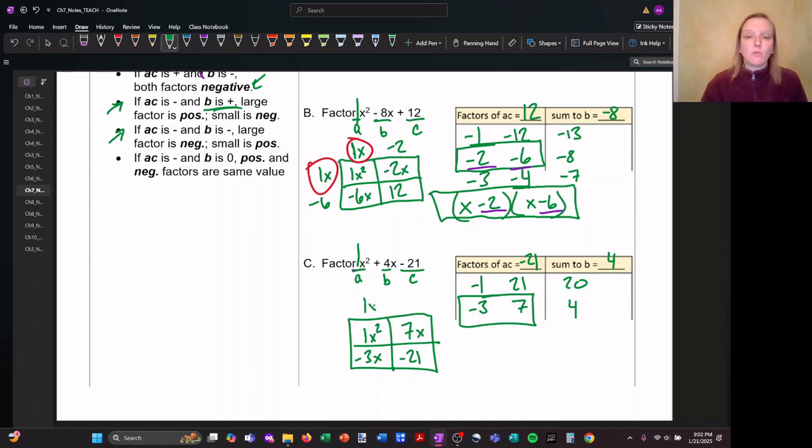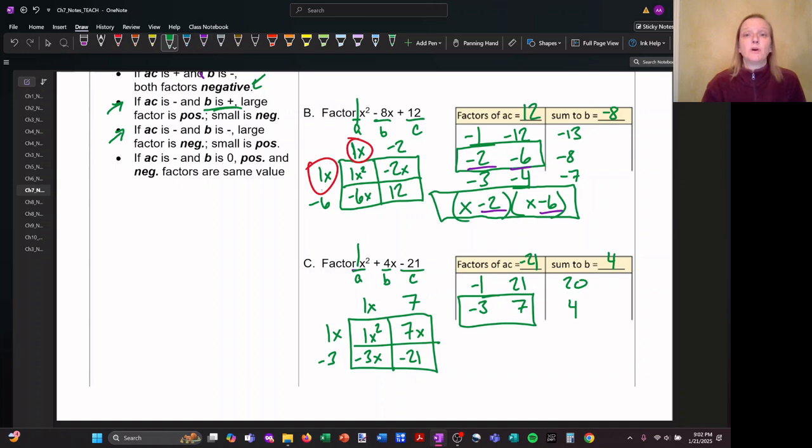As before, we have to have a 1x on top and a 1x on the side as my first row and column headings to get that 1x squared. And then I need to have a 7 up top because 7 times 1x is 7x. And I need to have a negative 3 on the side because 1x times negative 3 is negative 3x. And the bottom right-hand corner does work out. 7 times negative 3 is negative 21.